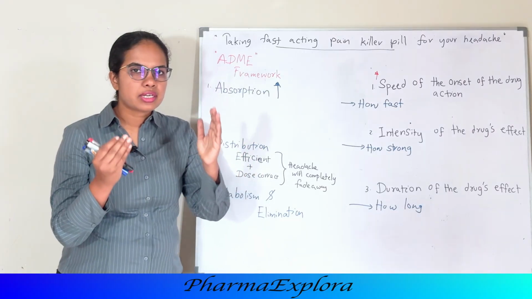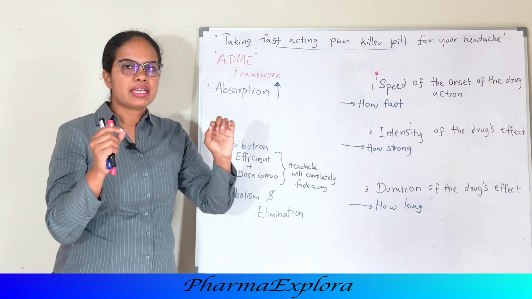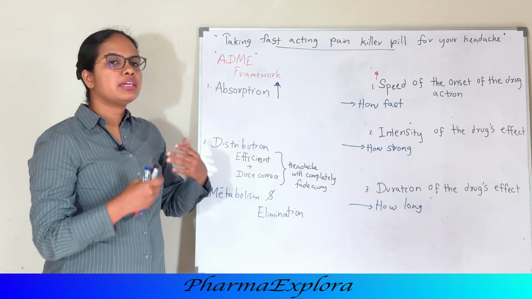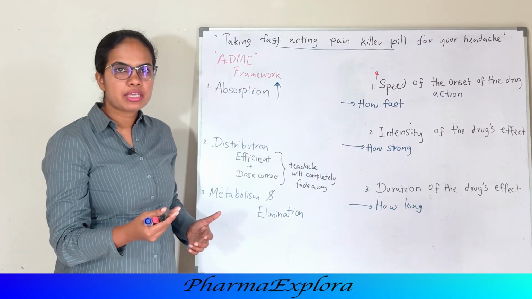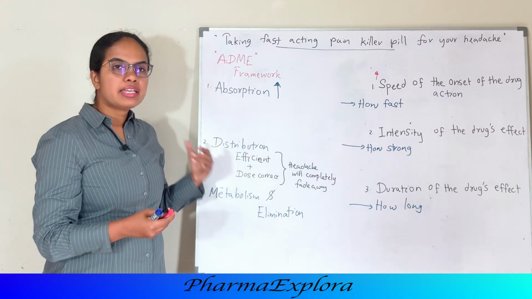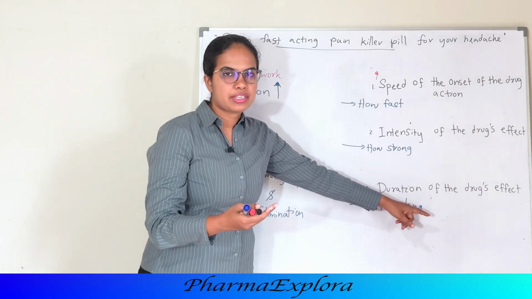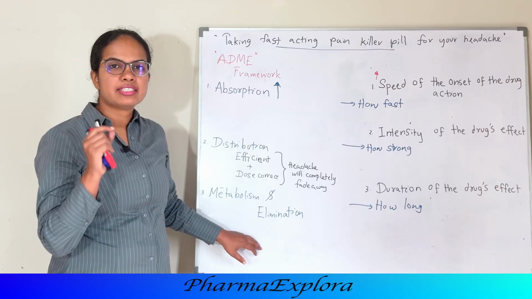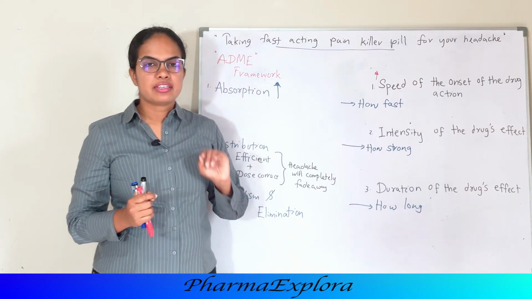The drug can provide the effect as long as it can stay in its active form. If we are biotransforming this molecule into its inactive form, the drug cannot produce its effect. So metabolism and elimination is the step that determines the duration of the drug's effect.